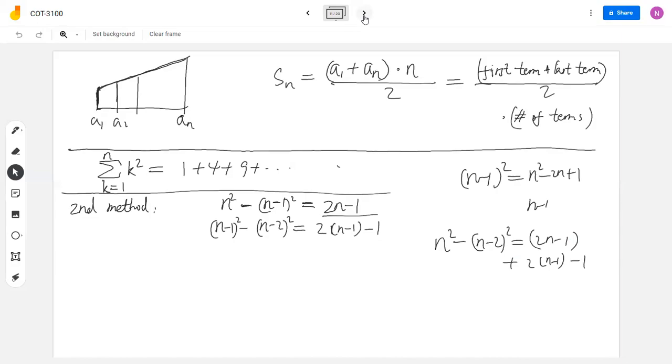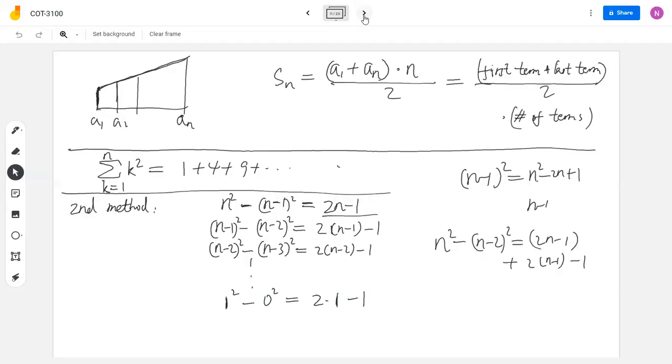Okay, let's write another term and you're going to see it even clearer. n minus 2 squared minus n minus 3 squared equals 2 times n minus 2 minus 1, and so on and so forth. So finally, we have 1 squared minus 0 squared equals 2 times 1 minus 1.